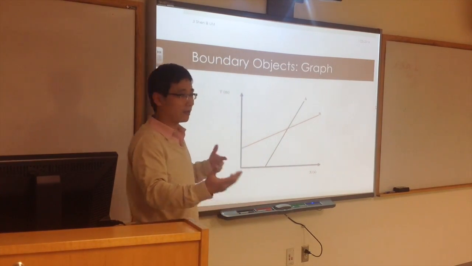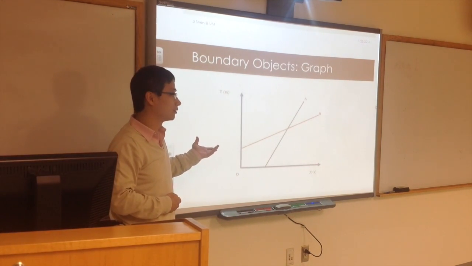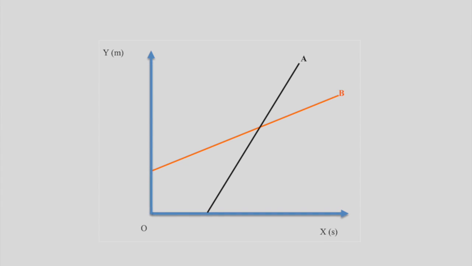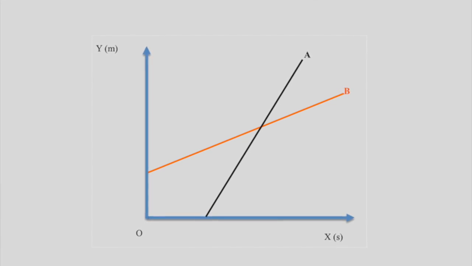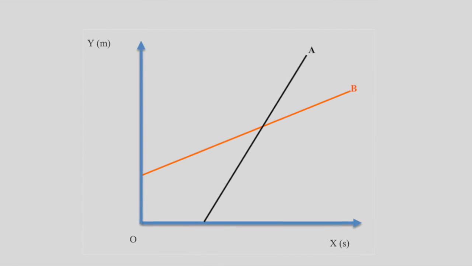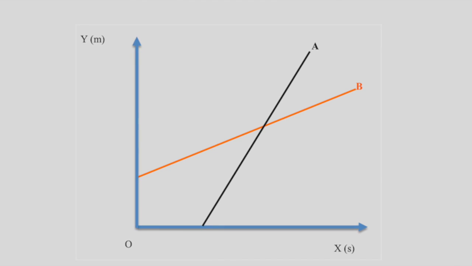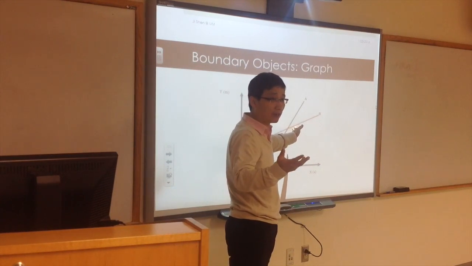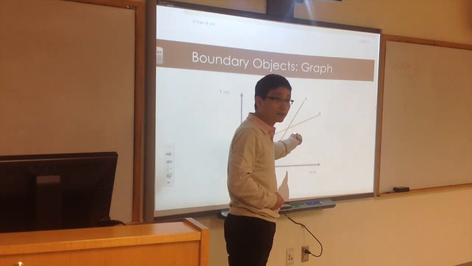What about from a math perspective, what do you see? Line A has a greater slope than line B. Greater slope than B, right? So you use these mathematical terms to describe what you see. Anything else? There's a point of intersection. That might represent something important, right? But mathematically speaking, it's an intersection between two lines.